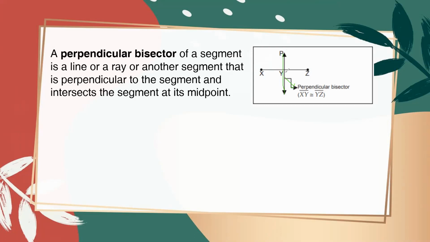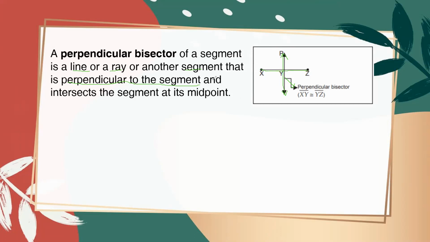Perpendicular bisector. It can be a line, it can be a ray. This is an example of a ray. Or another segment that is perpendicular to the segment. This is the segment.